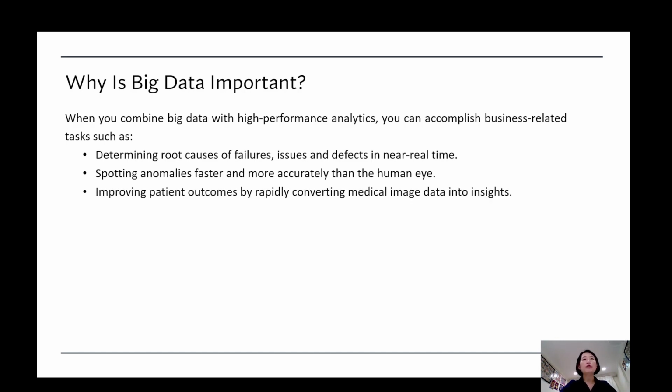You can improve patient outcomes by rapidly converting medical image data into insights. It means you have a lot of medical image data, and you can process and analyze it and come up with a solution, or a model to tell you what is happening.